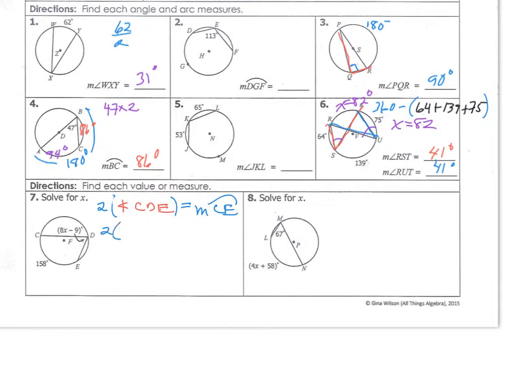We've got 2 times 8x minus 9 equals our 158. So distribute, we get 16x minus 18 is equal to 158. What's 158 plus 18? 176. And let's see if 16 divides into there evenly, which it does. So x is equal to 11.